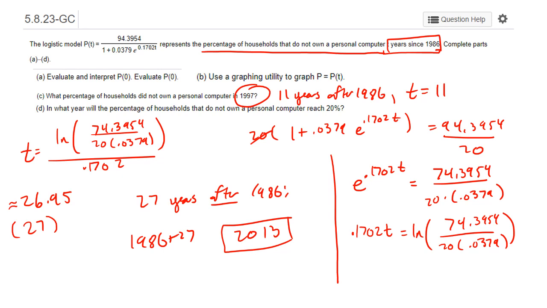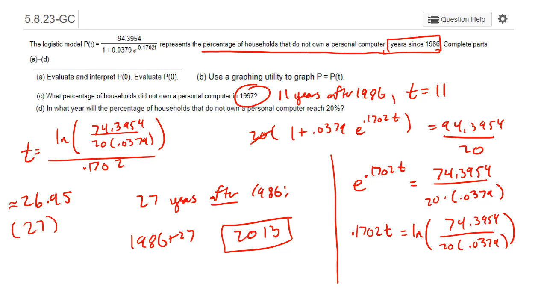Now, I did say we were going to come back and graph this function. So 94.3954. If you don't know, by the way, you can enter equations of the form y equals something as a variable of x into most search engines, and it will produce a graph for you.